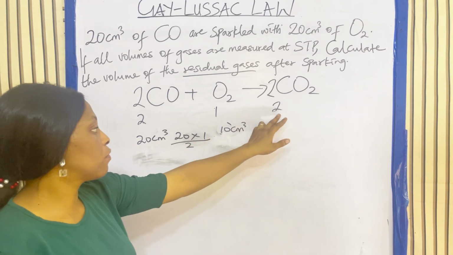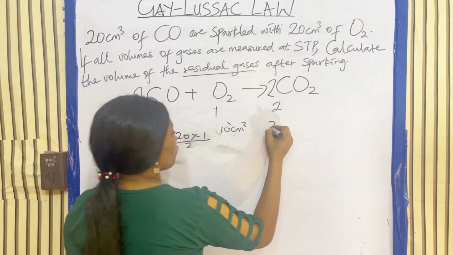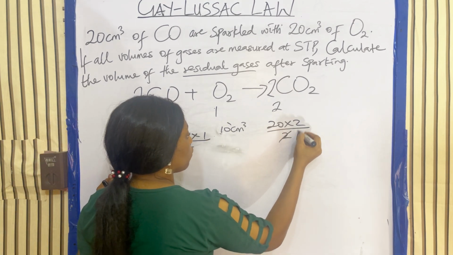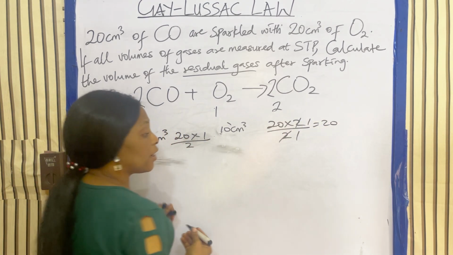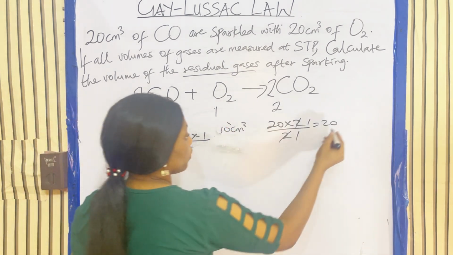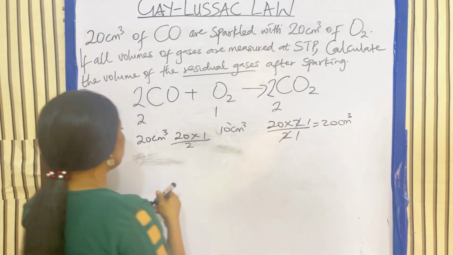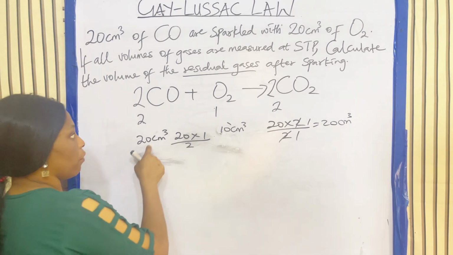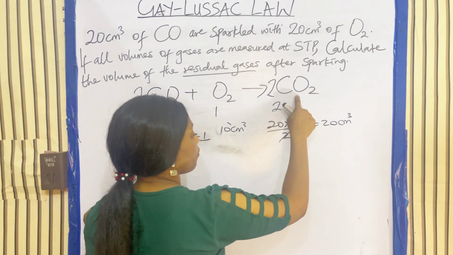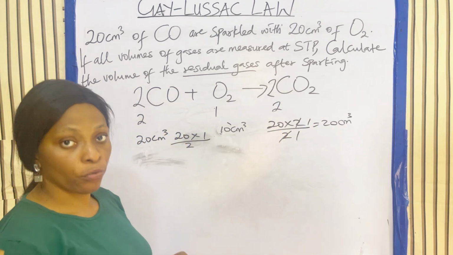So 20 times 2 divided by 2. That will give us what? 20. And if you still say 10 times 2 divided by 1, it will still give you what? 20 cm³. So that means for every 20 cm³ of carbon 2 oxide, 10 cm³ of oxygen was used and 20 cm³ of carbon 4 oxide was produced.